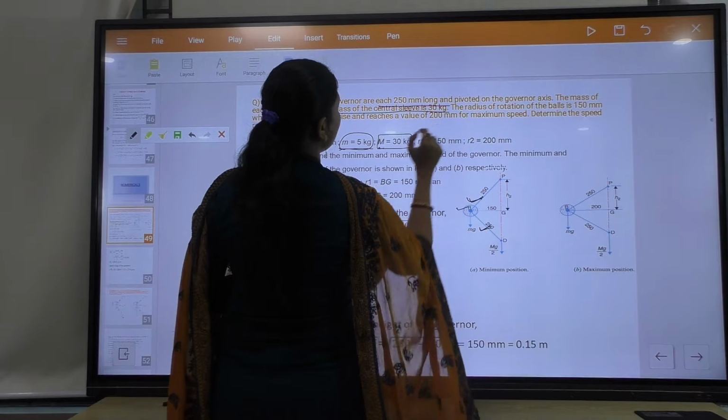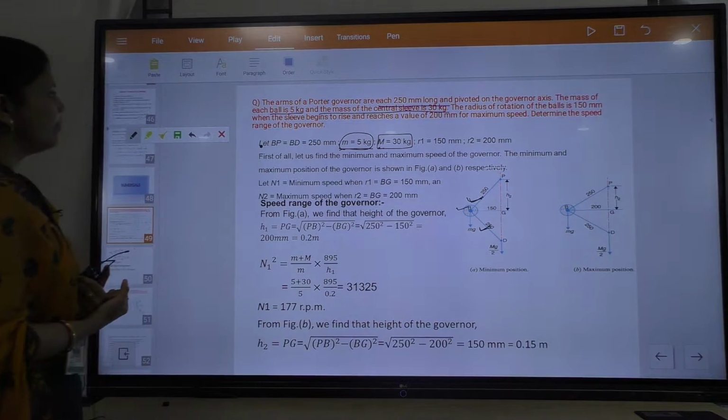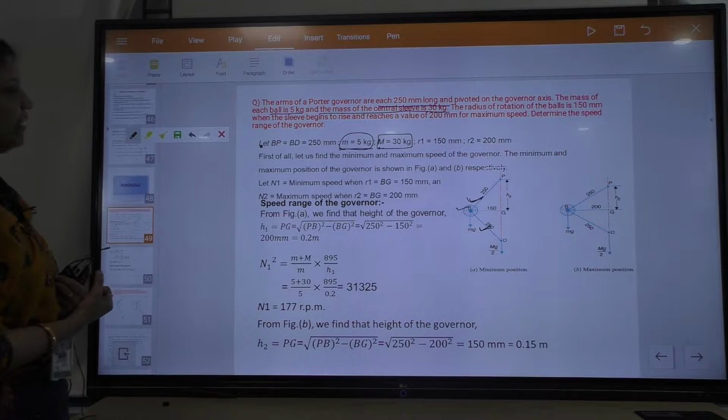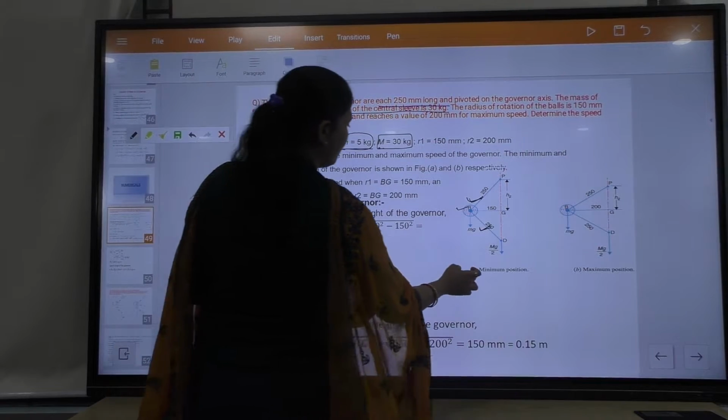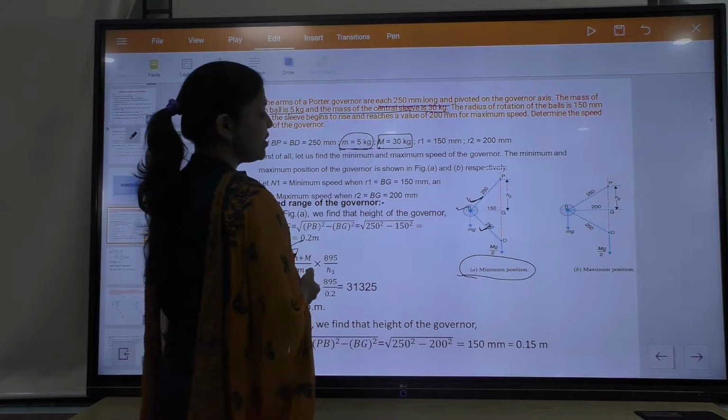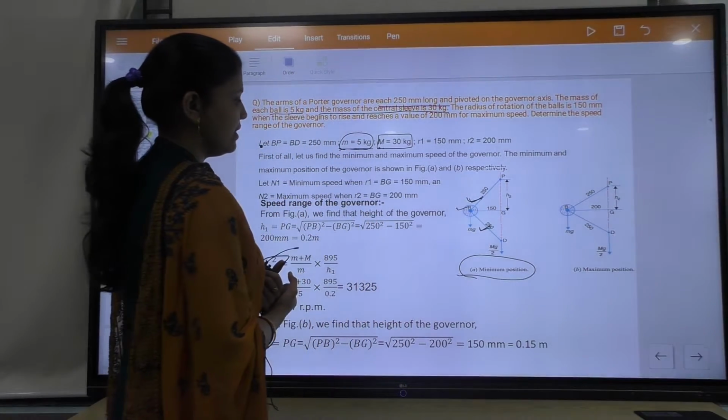Now the radius of rotation of the ball is 150 mm when the sleeve begins to rise, and it reaches a value of 200 mm for the maximum speed. That means from the diagram you can see one is your minimum position, when the sleeve just begins to rise.